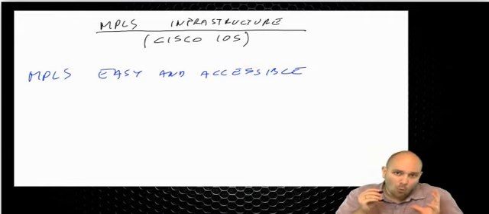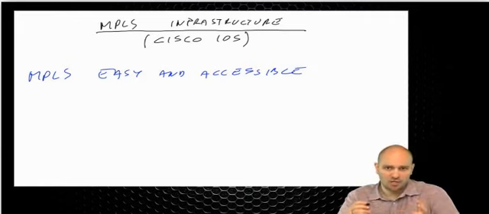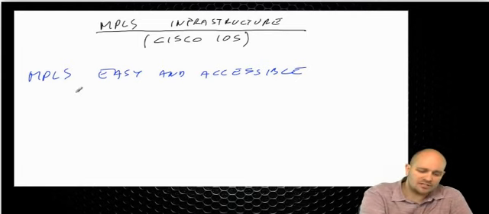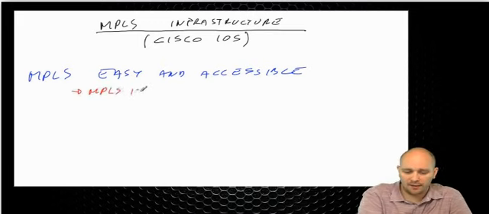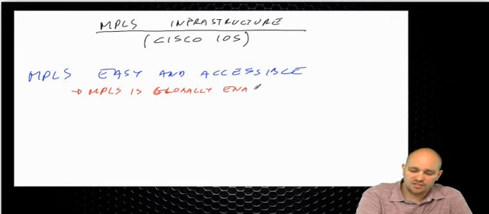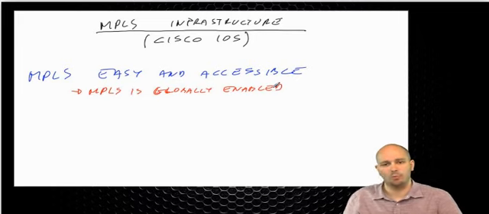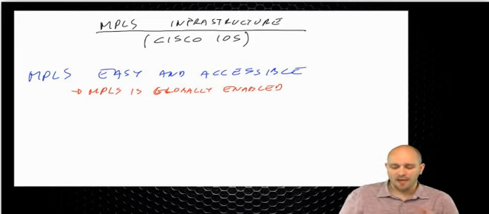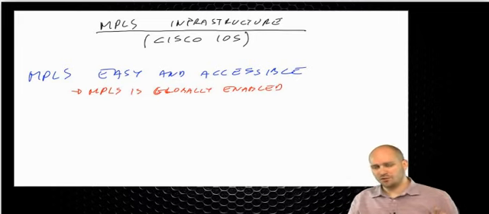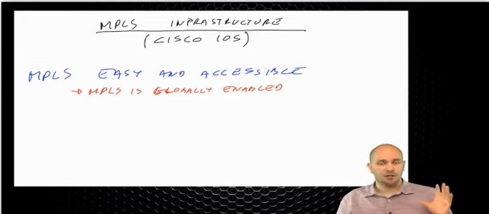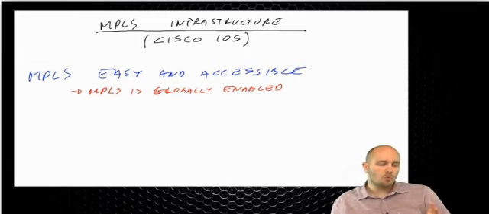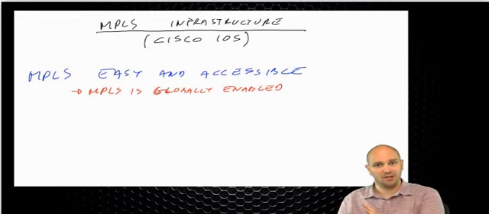Now, how did they approach MPLS in IOS? Well, first things first, MPLS is globally enabled on all Cisco routers. What I mean by that is that MPLS is there, and all the functions of MPLS are ready to start working the moment you enable MPLS on any of the interfaces.